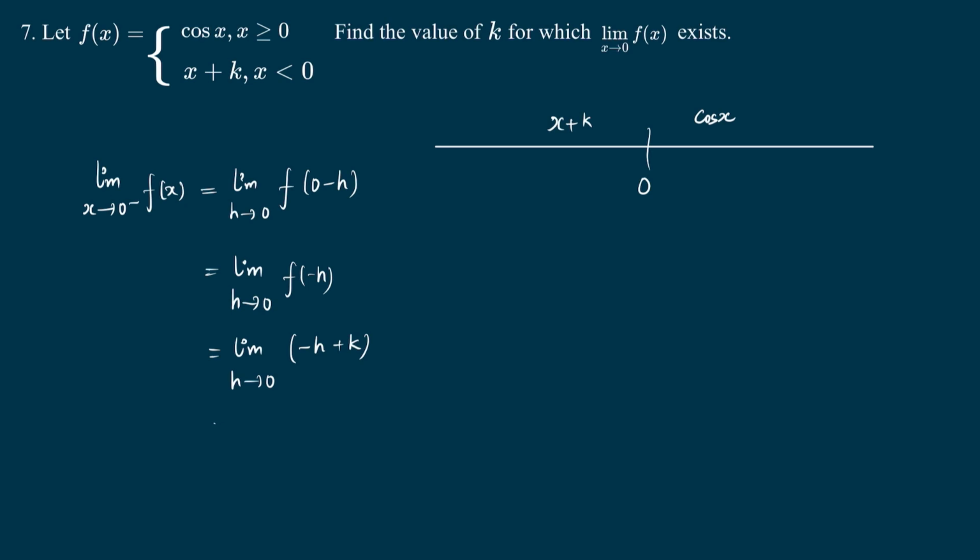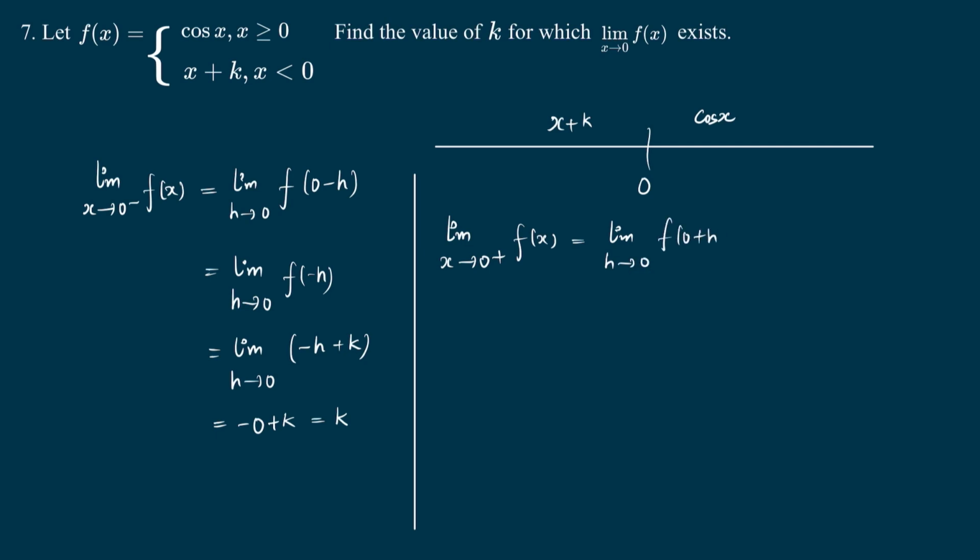Now let us put the value of h as 0, then we will have minus 0 plus k, which will be equal to k. Now let us find the right hand limit. Limit x tends to 0 plus f of x will be equal to limit h tends to 0 f of 0 plus h. It will be equal to limit h tends to 0 f of h.